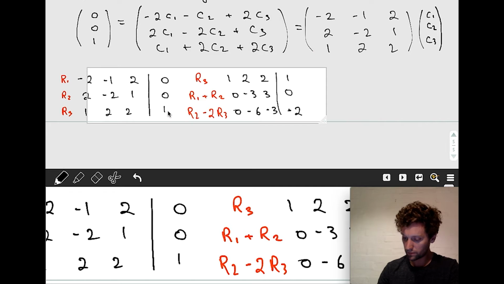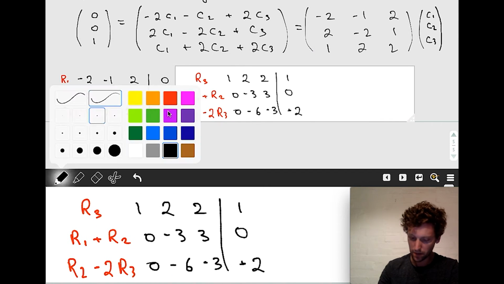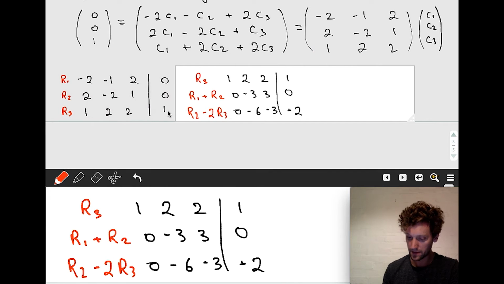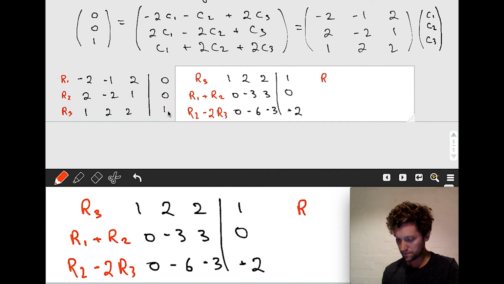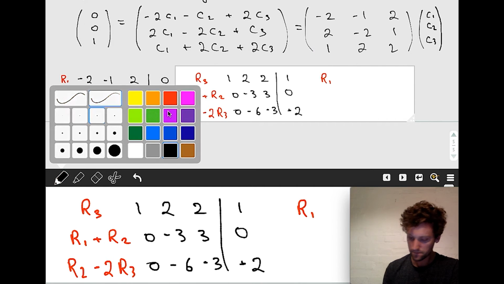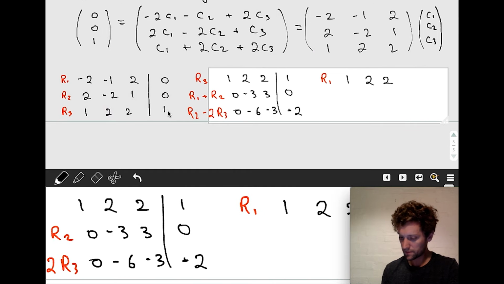Okay, so let's keep R3 right where it is. I like that top row. I'm not going to move it, so that's now called R1. 1, 2, 2, 1.